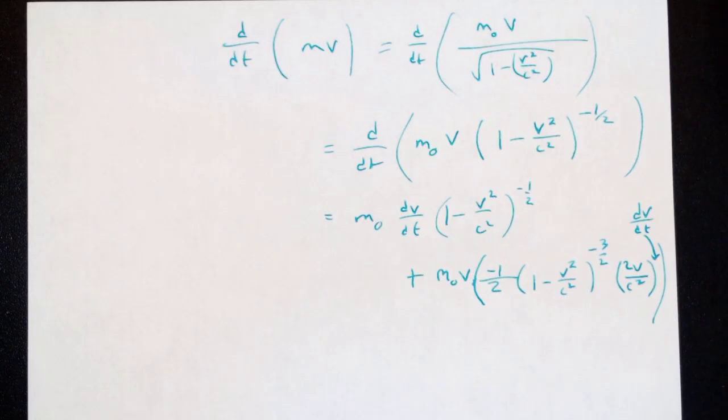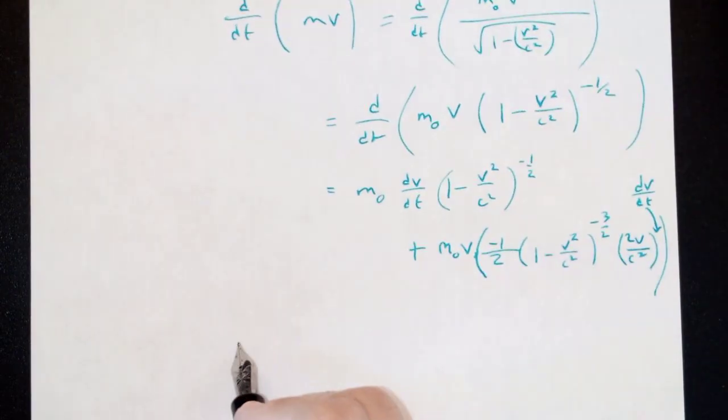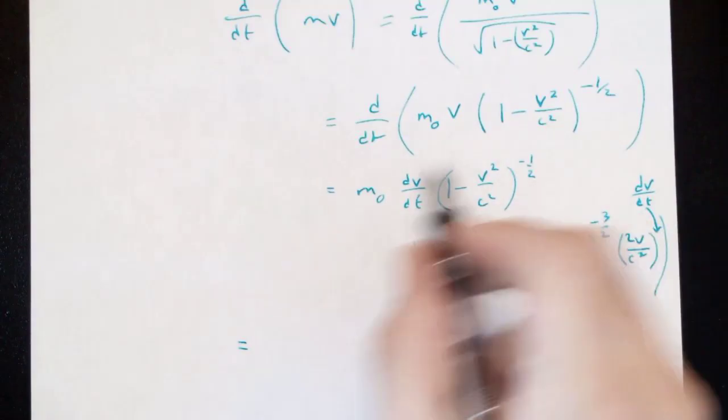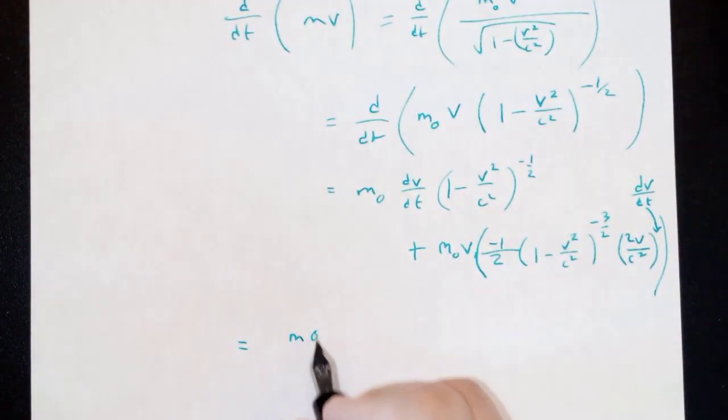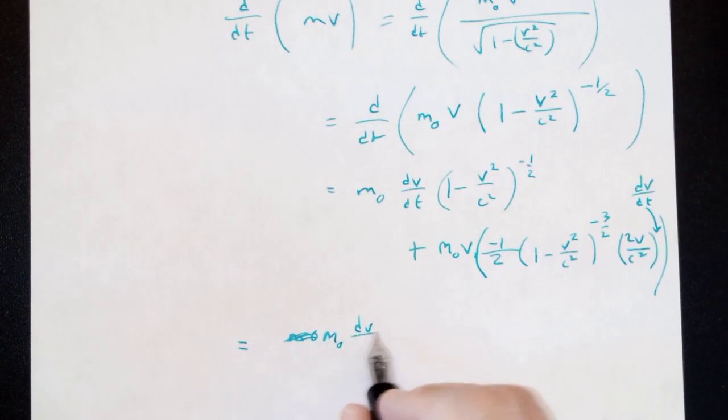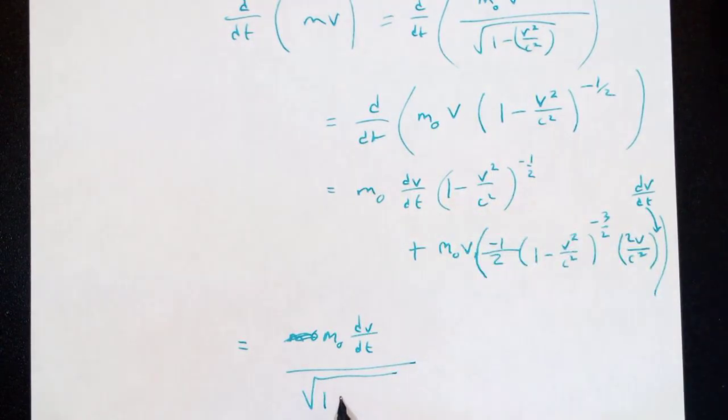All right, hang on a second. This m0 dv dt over ugly in a square root. Right? That's what the negative 1/2 power means.